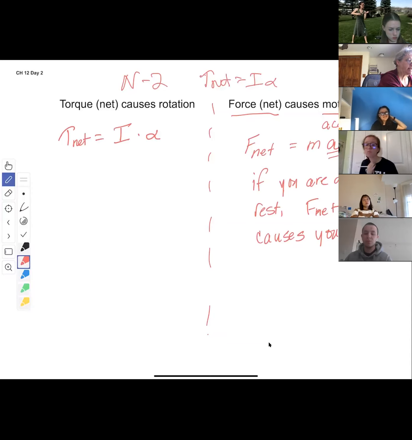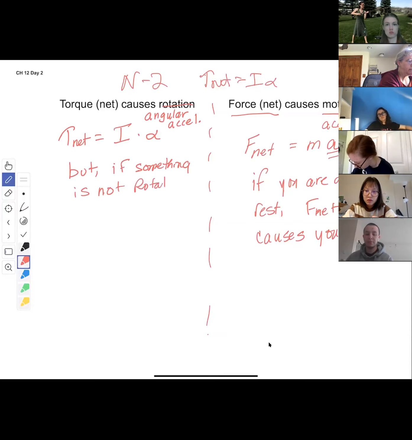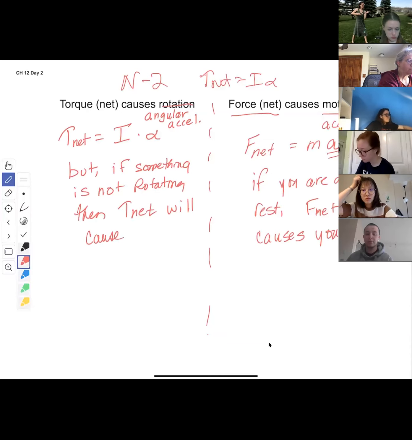What we really should say is the net torque causes angular acceleration. And we'll see if I have enough room to actually write that out. I might have to abbreviate acceleration there. So net torque really causes angular acceleration, but if something is not rotating, then a net torque will cause rotation.